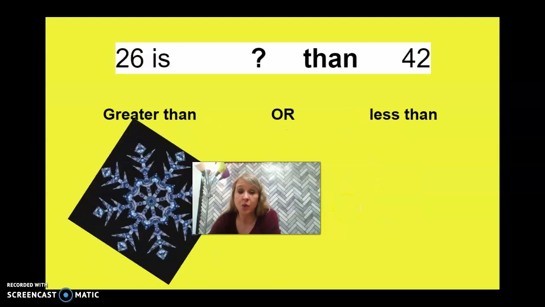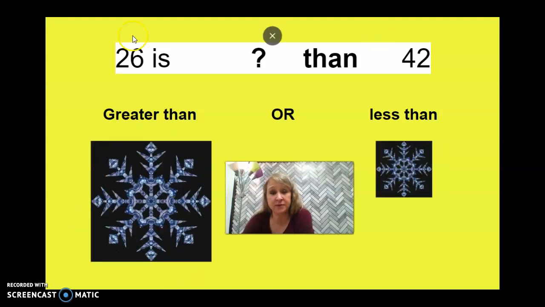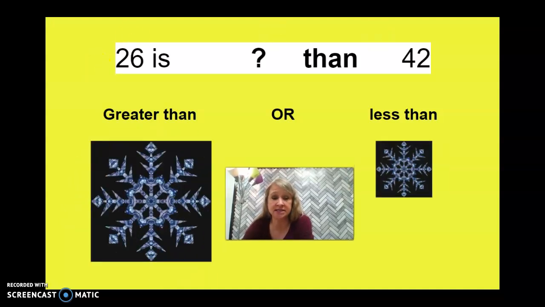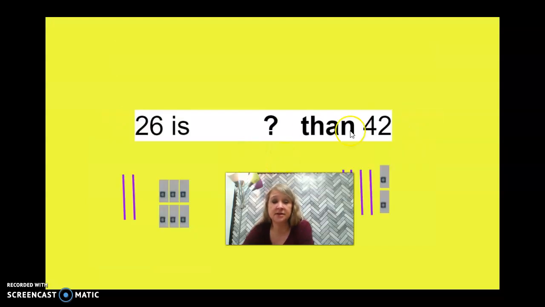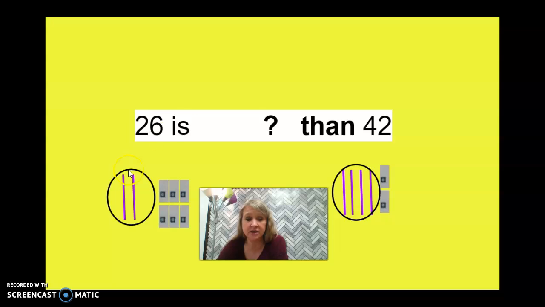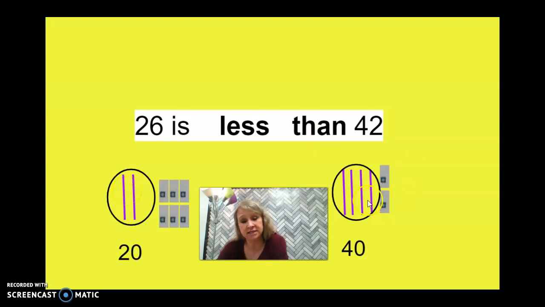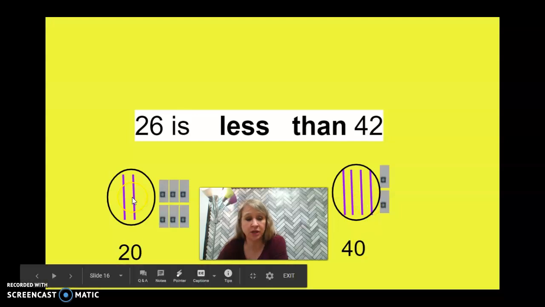Okay? We could flip those two numbers and say that 26 is less than 42 because 26 has 2 tens and 42 has 4 tens. 2 tens is the same as 20. 4 tens is the same as 40. And we know that 20 is less than 40.